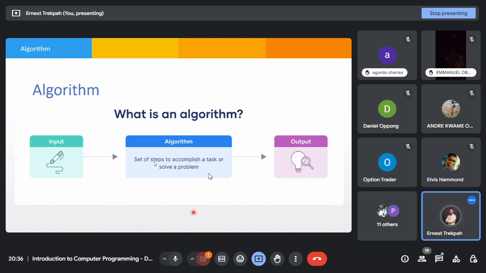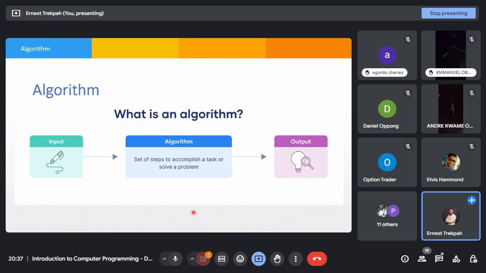So the input is, okay, give me the result of 2 plus 2. We have to think and tell that, when we want to do something like 2 plus 2, it is addition. So we need to come up with an addition approach and then add those two numbers to give us an output. That is what an algorithm is: just a set of steps that helps us accomplish a particular task or solve a problem.